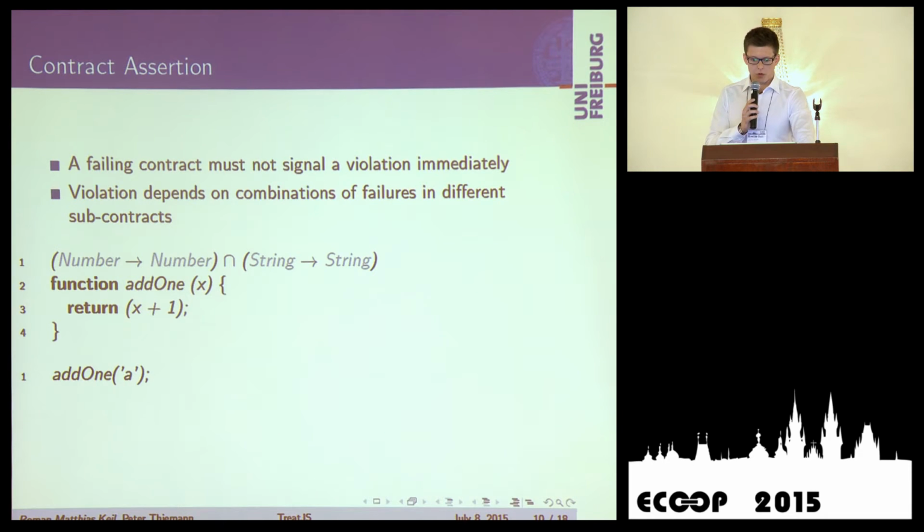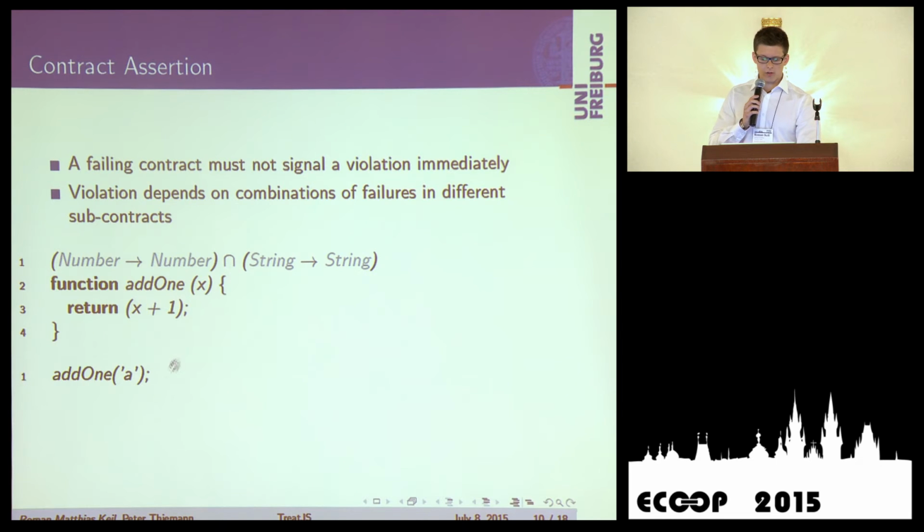Let's talk about the contract assertion. The presence of operators like intersection and union requires that a failing base contract did not throw a violation immediately if one contract fails. So for example, the add one function here in this example is contracted with an intersection contract between two function contracts, one for number values and one for string values.